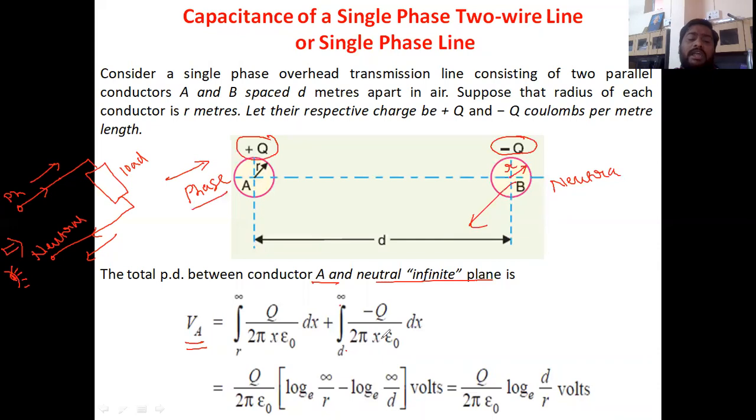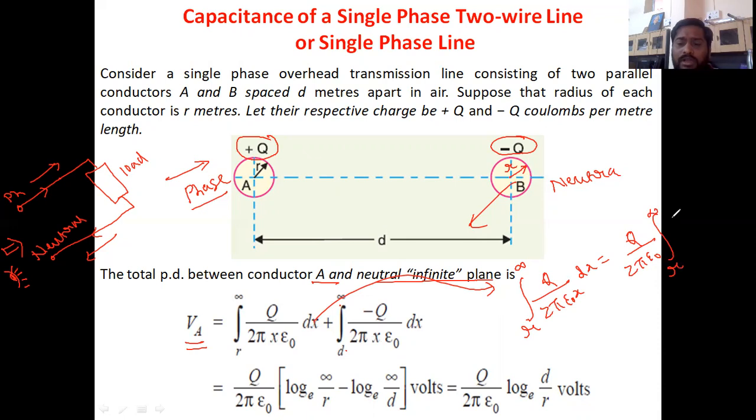How to solve these numericals? Suppose the first step is integration from r to infinity of q upon 2 pi epsilon 0 x dx. Consider q upon 2 pi epsilon 0 as the constant, and integrate 1 by x dx from r to infinity.